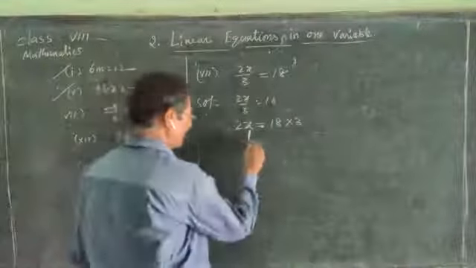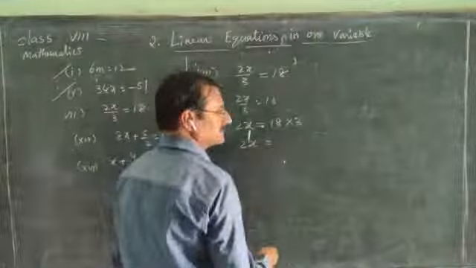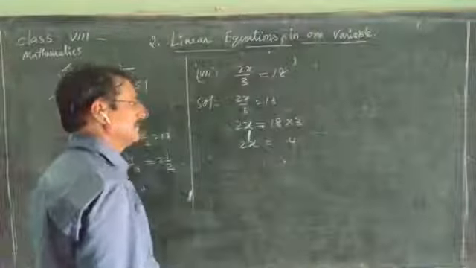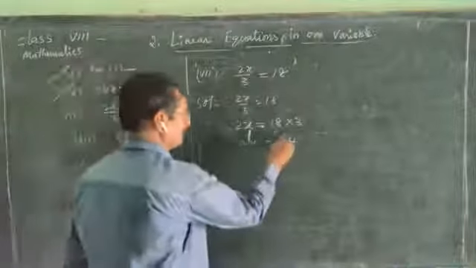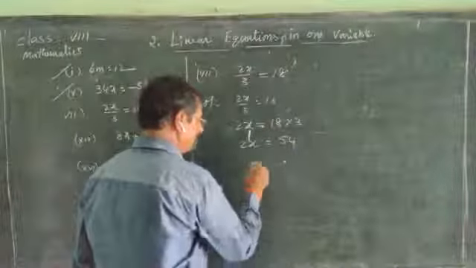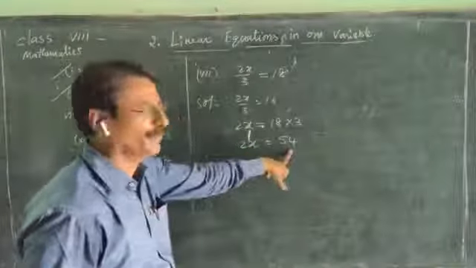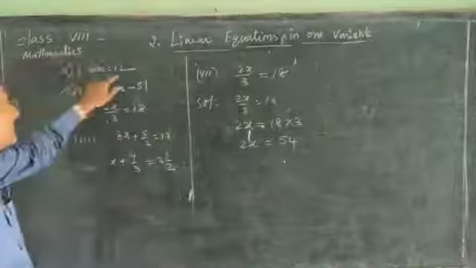Okay. Now 2x equal to 18 3s: 3 8s are 24, 3 1s are 3, 54. Next, we get another equation, 2x equal to 54, like the first sum.